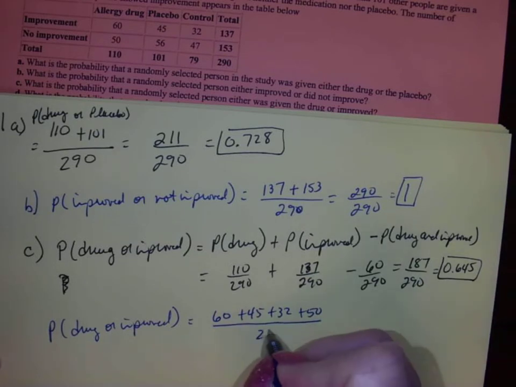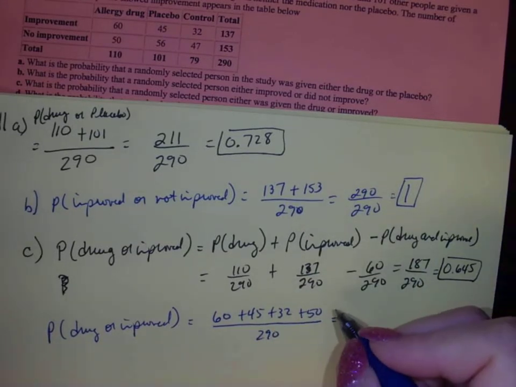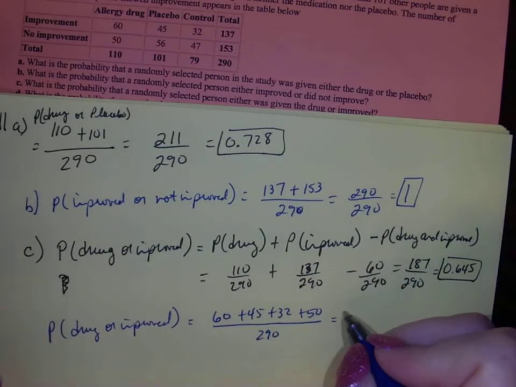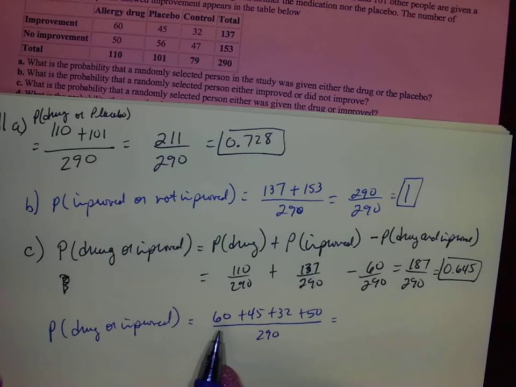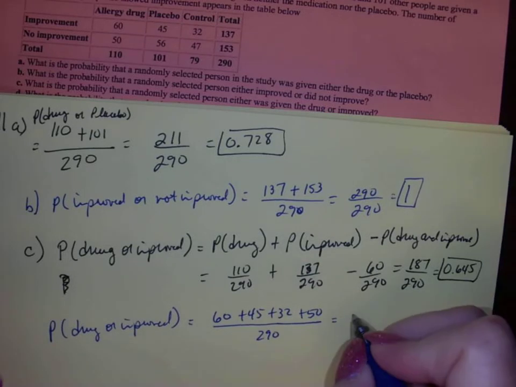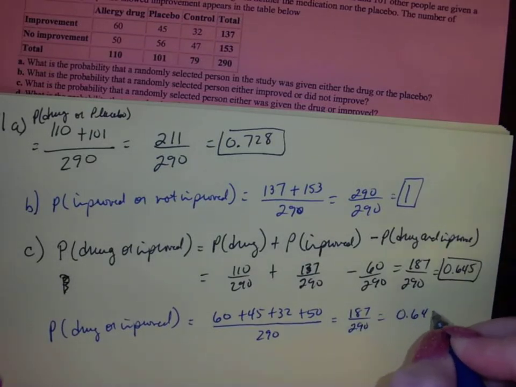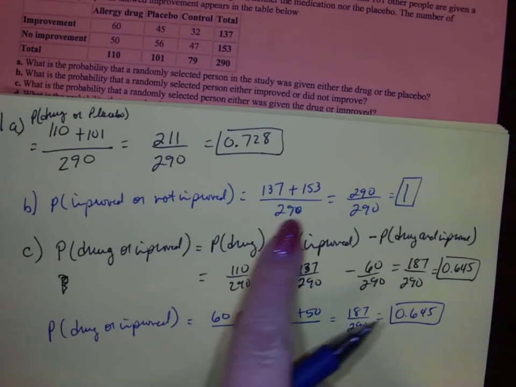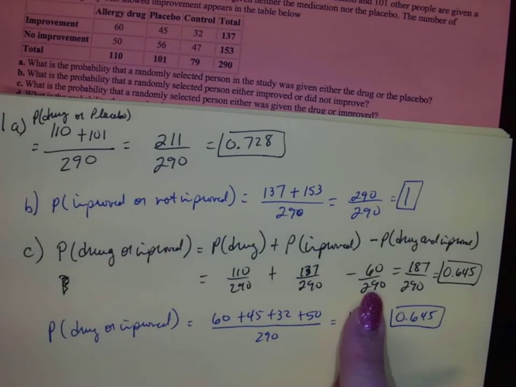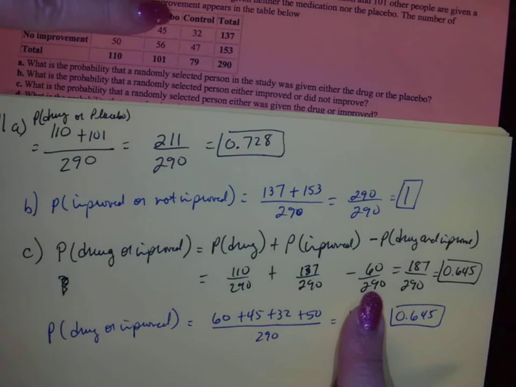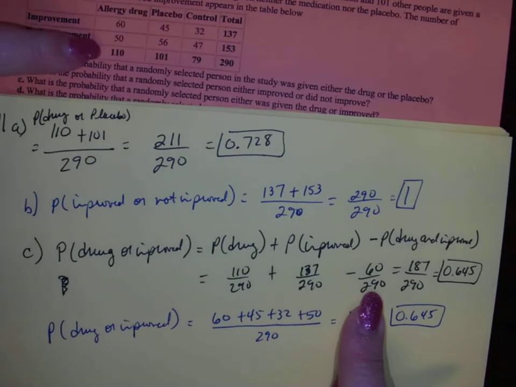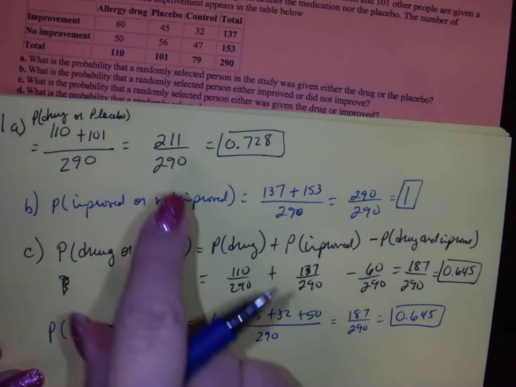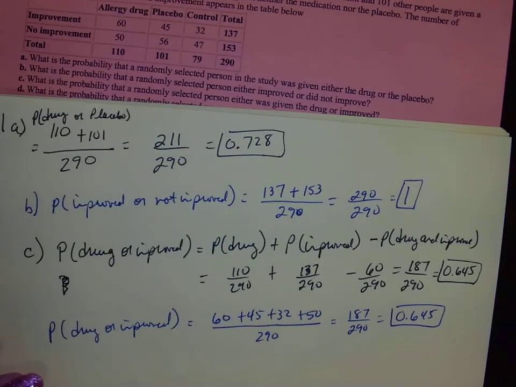And you can put that all over 290. Either one is mathematically okay. You're still going to get, when you add these up, 187 out of 290, which will still get you the same answer. Either one is mathematically correct. This is more of what we've been doing as far as our work, but you could add all the improvements plus the 50. Okay? You just can't do the 60 twice. That's the big key. Can't do the overlap.